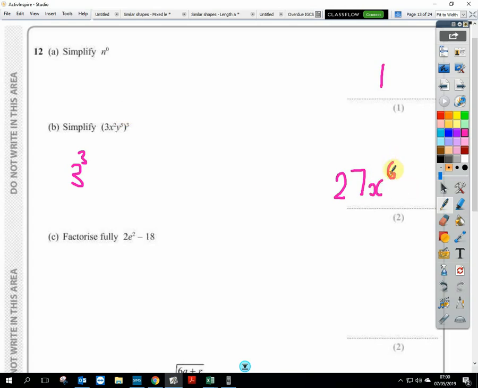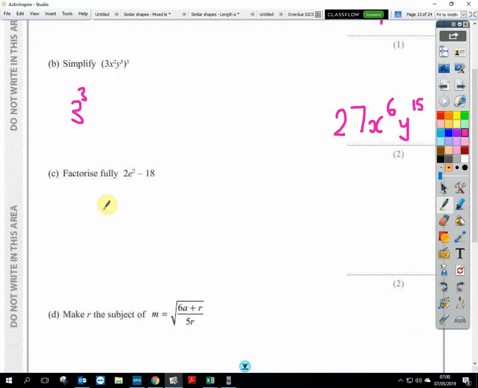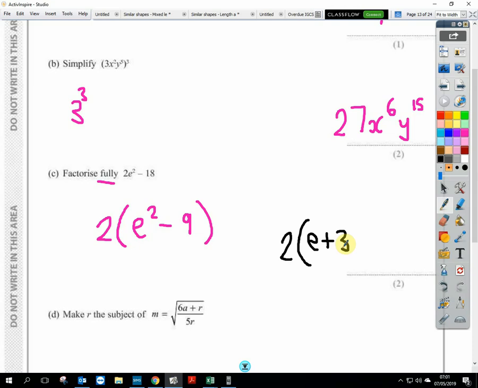You get x to the power 6, 2 times 3 is 6, and y to the power 15. The next one, factorise fully. Watch out for that word, because it's quite tempting to write this down on the answer line, and that means you have factorised it. But those of you that have a sharp mathematical eye, you will notice that the bracket is also the difference of two squares, which can be written as e minus 3 and e plus 3.